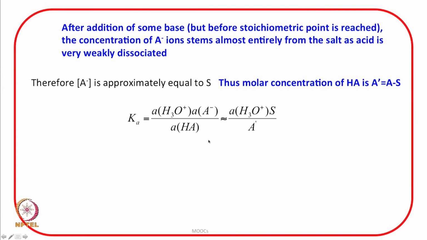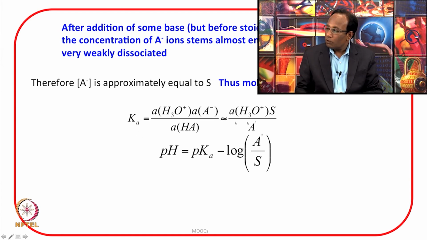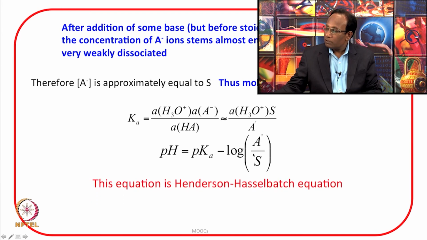Now when you convert this into pH or pKa terms, you take a logarithm on both sides and write pK as minus log Ka and pH as minus log activity of hydronium ions, and you will get this expression: pH is equal to pKa minus log A prime by S, a very important equation.